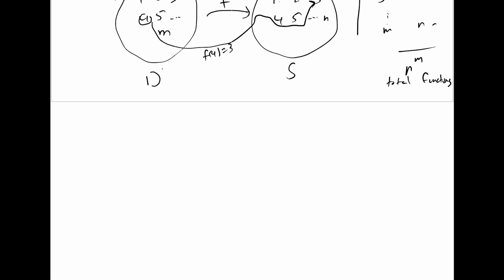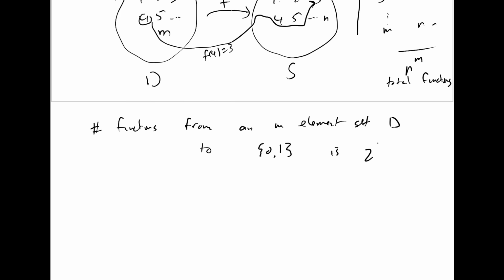I don't think I prepared my slides properly, but let me write it right here. The number of functions from an M element set D to the set {0, 1}, a 2-element set, is 2 to the M.